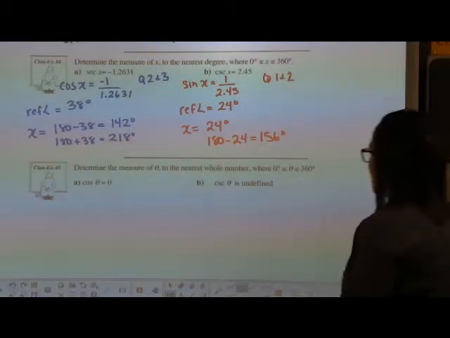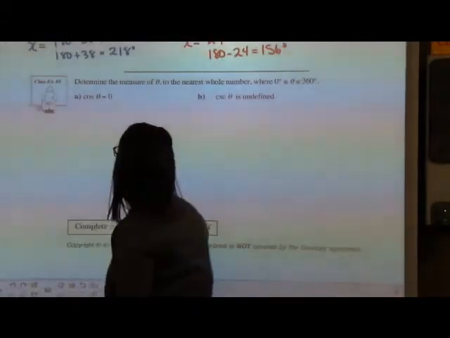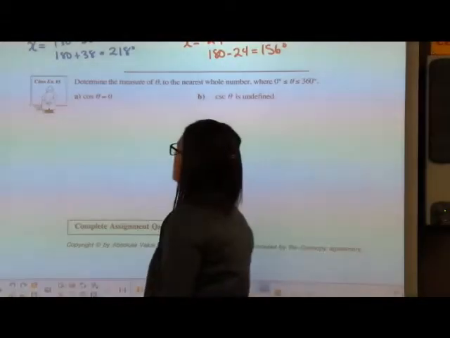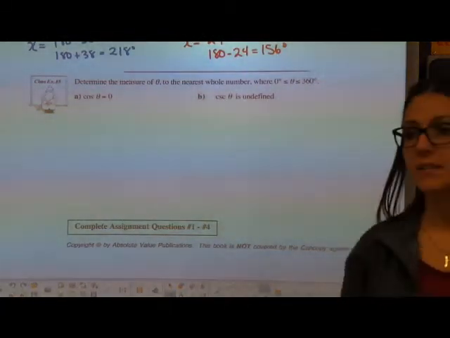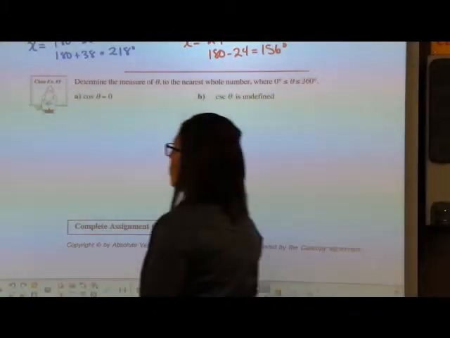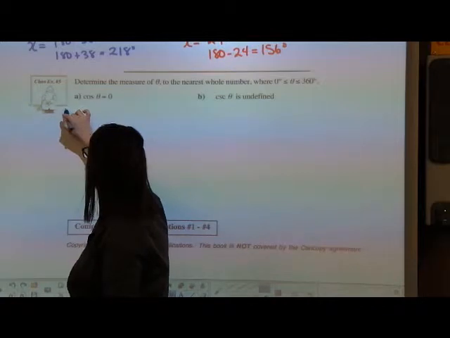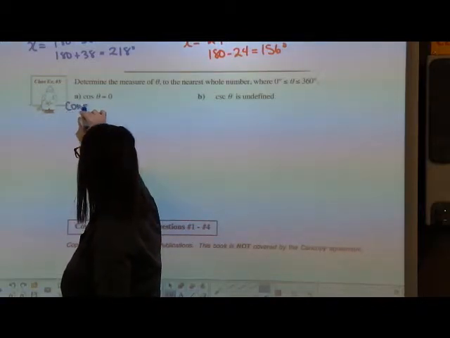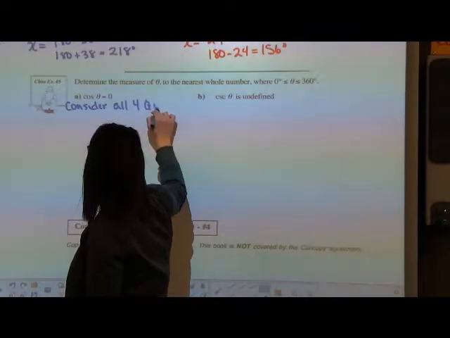Okay, class example number 5 gets a little bit trickier. So we have cos theta equals 0. 0 is neither positive nor negative, so we need to consider all 4 quadrants.